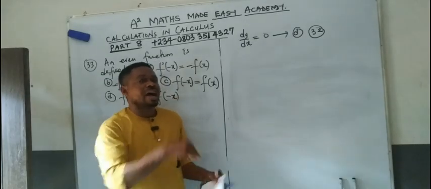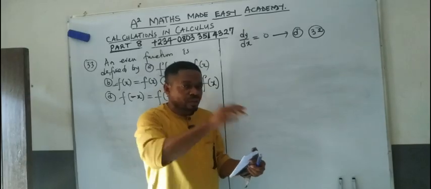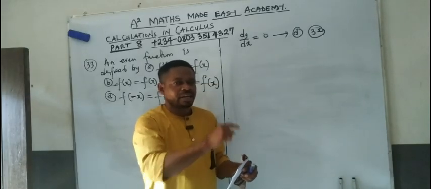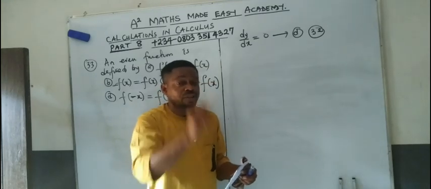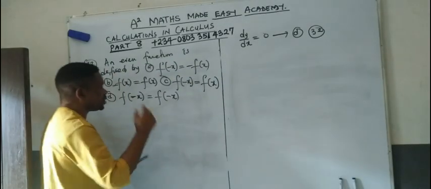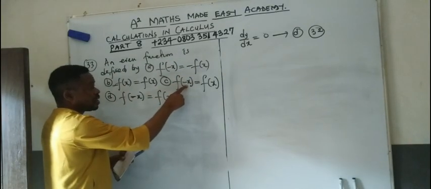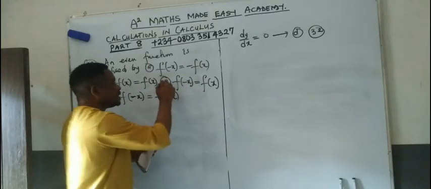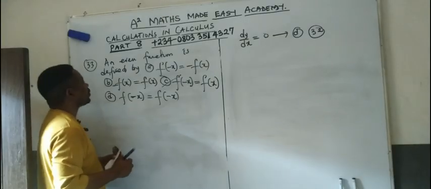Reason is that there is no change in the domain of f. At that point, we say such a function is called an even function. The definition is this: f of minus x must be equal to f of x. That is the definition of an even function. Have I made myself clear?